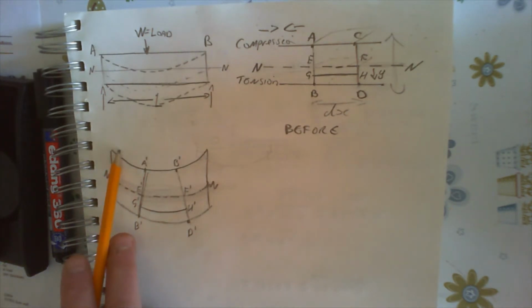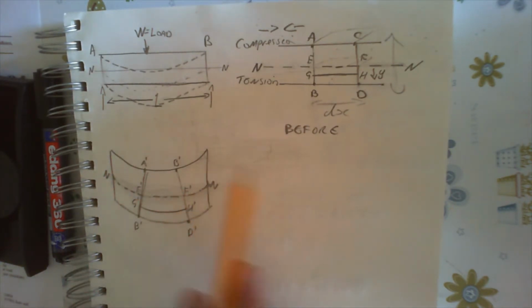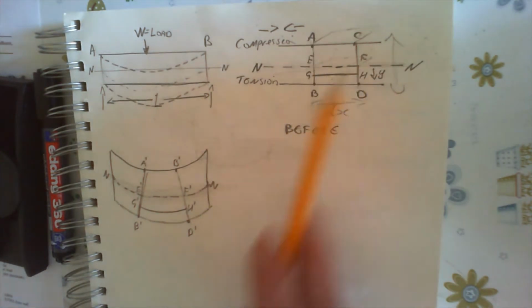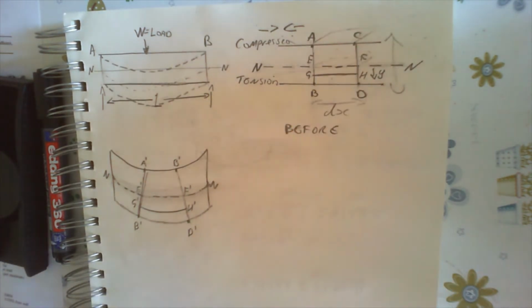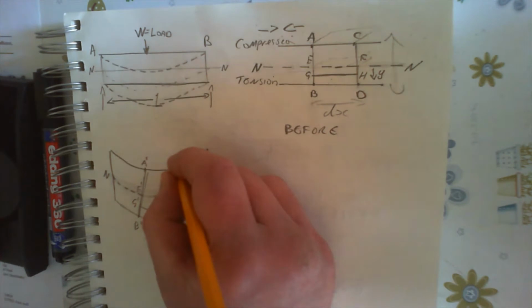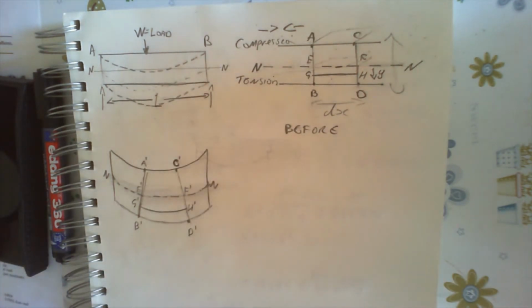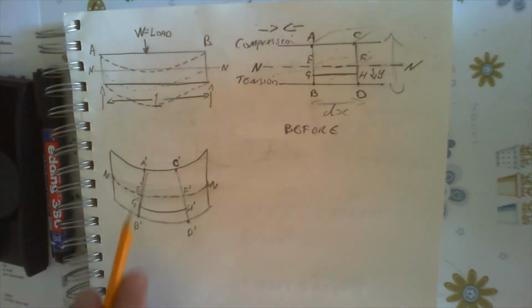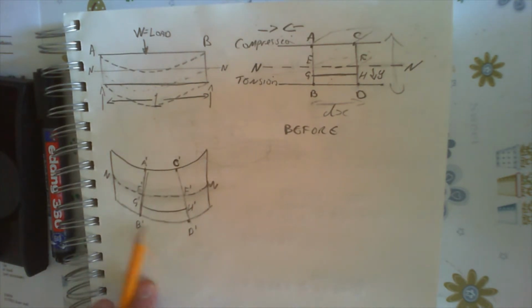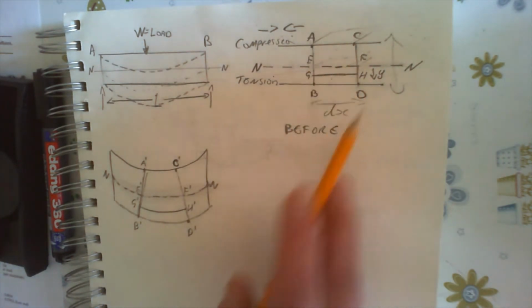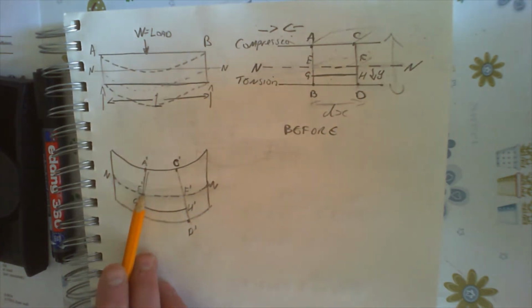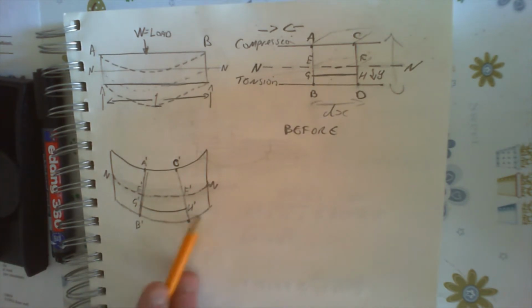Right, so this is a beam bent. We're going to call this A dash, C dash, B dash, D dash, and this neutral plane here, E dash, F dash, and G dash, H dash.